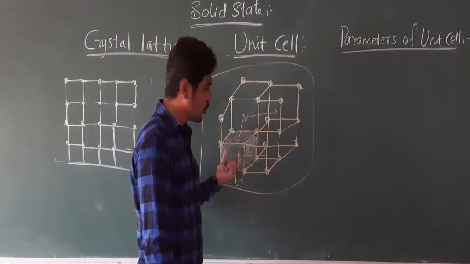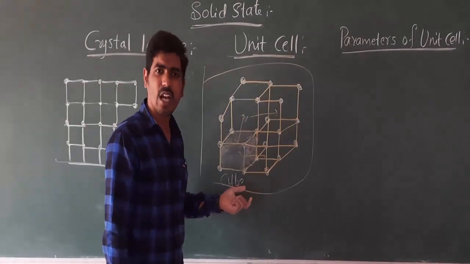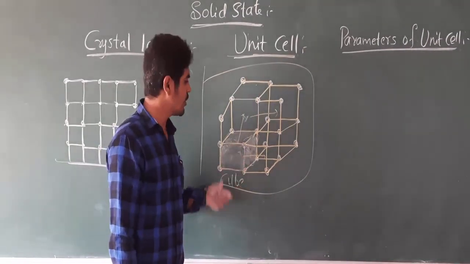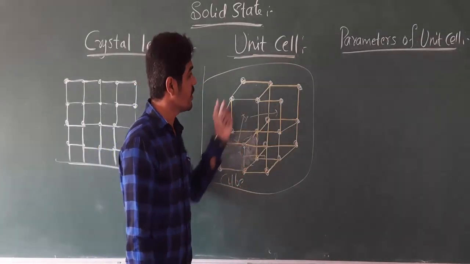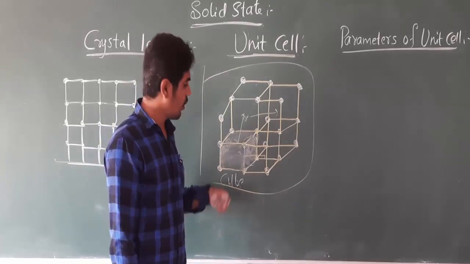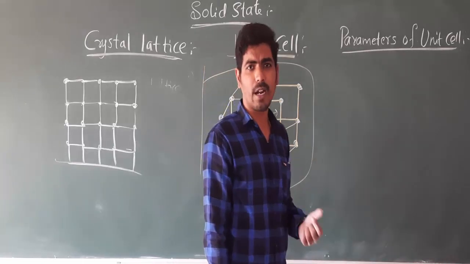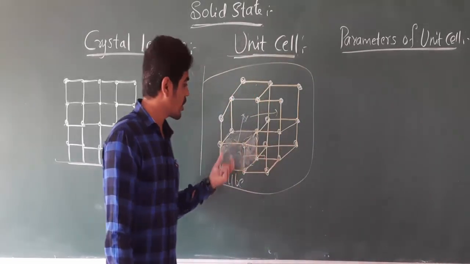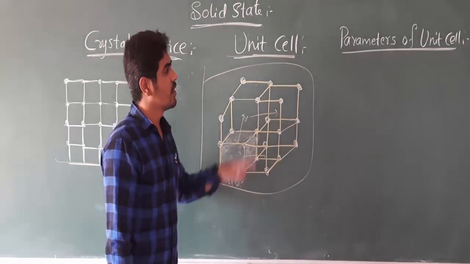So if the unit cell has a cubic structure, the crystal also has a cubic structure. If the structure of the unit cell is tetrahedral, then the structure of the whole crystal is also tetrahedral. Now the structure of the unit cell is dependent on what parameters, when the structure of this unit cell gets changed?